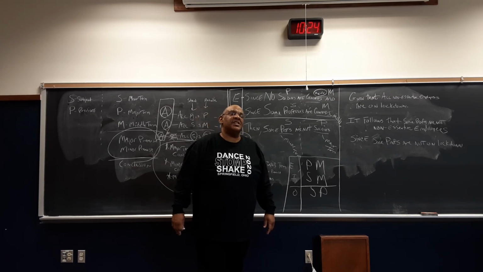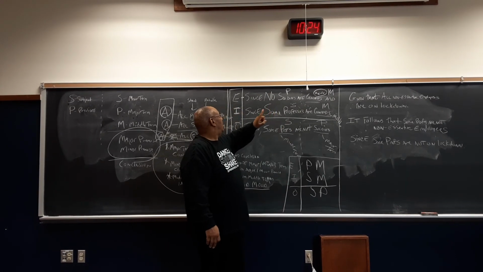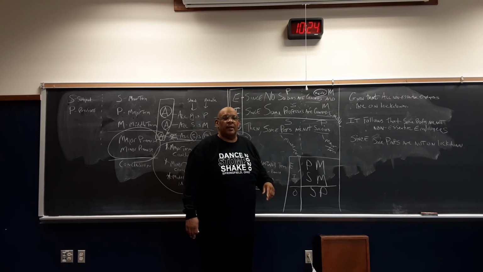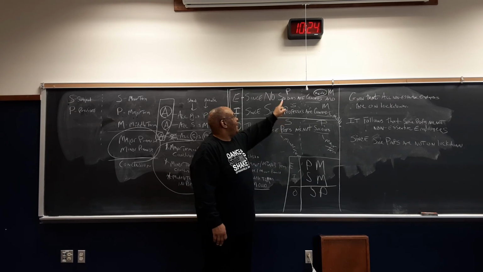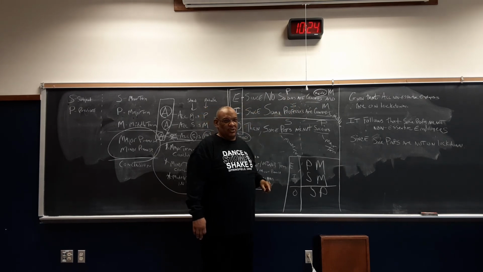An A proposition distributes what? The subject, right? So it's not an A. Let's go with the E proposition. E proposition distributes what? Both, right? So here, the major term and the middle term are both distributed in the E proposition.